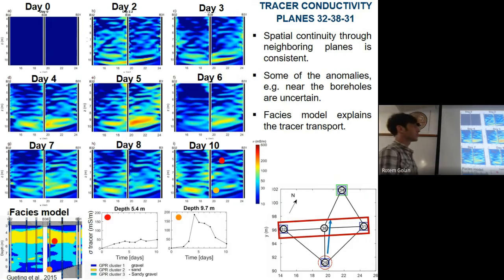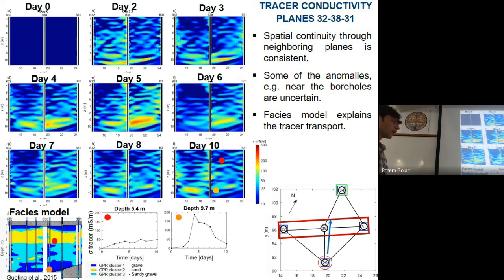Also, using this tracer time-lapse result, we can get breakthrough curves at some specific locations. So here I just put 2 locations, and we see that at the higher part, we see an increase in conductivity until day 10 with much lower conductivity, and that's in the sand region where we know that the hydraulic conductivity is lower.